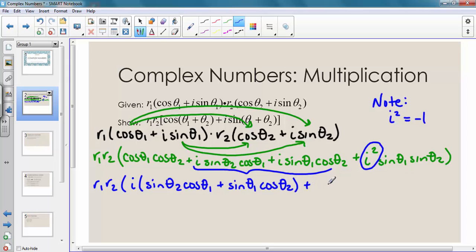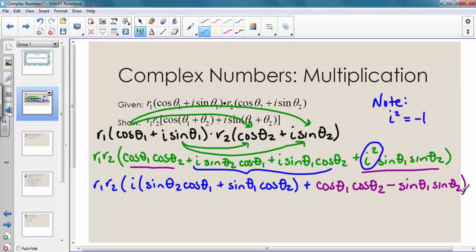Then I'm going to add that to what I have left, which is this term and this term. So I have cosine theta 1 cosine theta 2, again changing that i squared into a -1, so that's going to give me negative sine theta 1 sine theta 2.